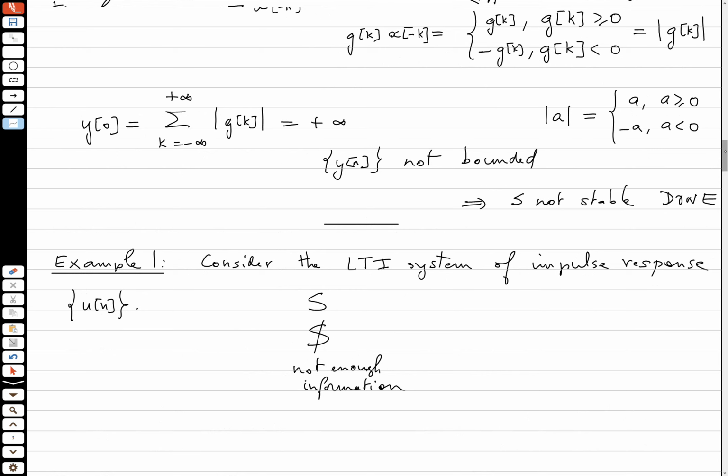Okay, vote. How many of you claim this is stable? How many of you vote this is not stable? How many of you claim we are not given enough information?